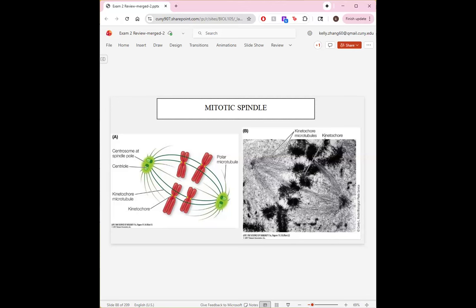There are polar microtubules, which extend from two spindle poles, and they overlap in the middle. And then these keep the poles apart. And then the kinetochore microtubules attach to kinetochores on the chromatids and to the spindle poles, with sister chromatids attached to opposite halves of the spindle.